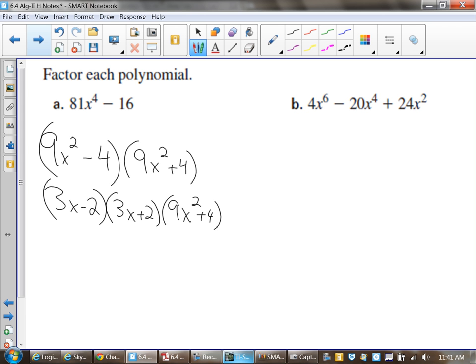Is 9x squared a perfect square? Yes. Is 4 a perfect square? Is that a subtraction symbol? No. That's the rule. Because you can't get 2 terms that multiply together to give 36 that add together to give you 0.